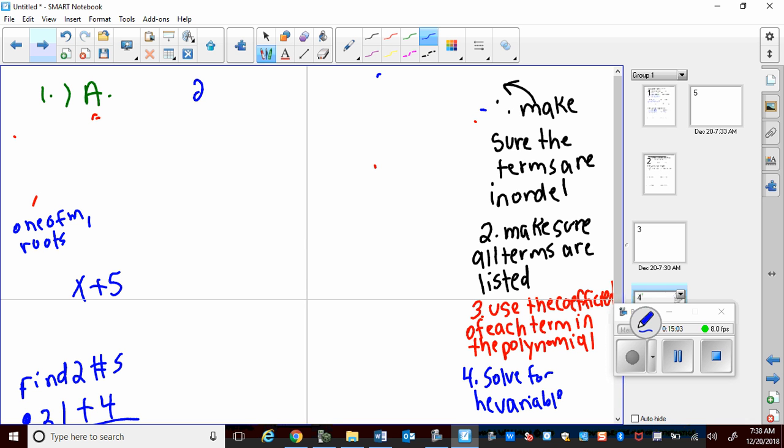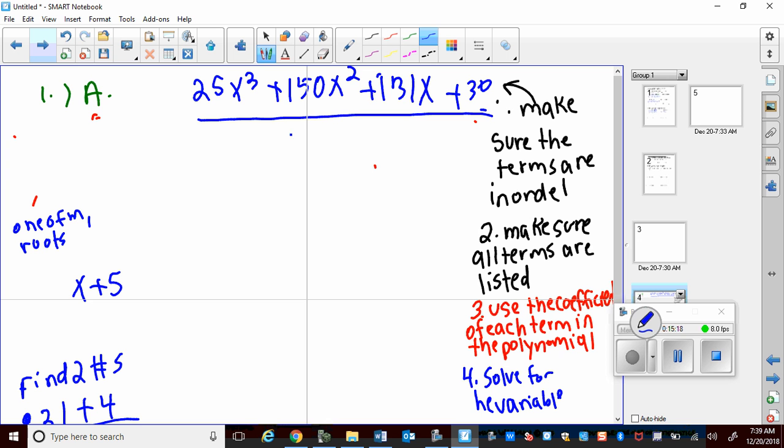Letter C. 25x cubed plus 150x squared plus 131x plus 30. All this is divided by 5x plus 3. Remember, we want to find our first root, so 5x plus 3 equals 0.